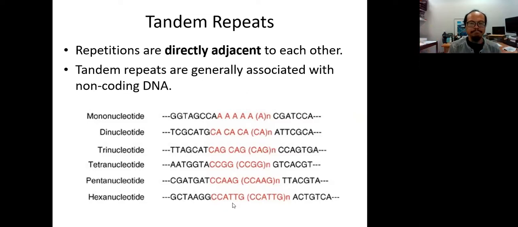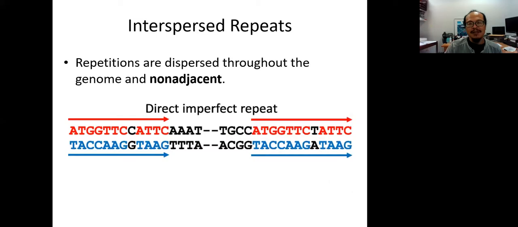These are the tandem repeats. We also have interspersed repeats, which are code repeats but not continuous. This is an example that's imperfect but nearly close. Even though there are a lot of these interspersed repeats, over time there will be mutations, so one of the codes will be changed.